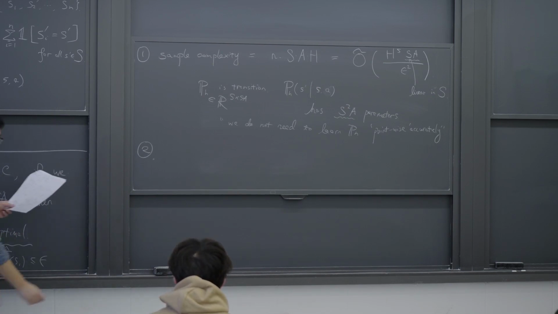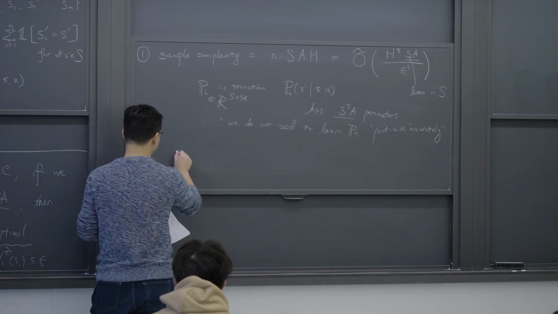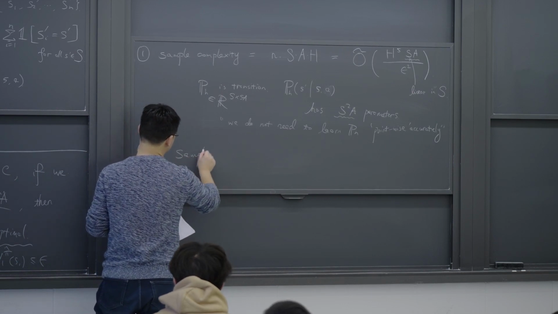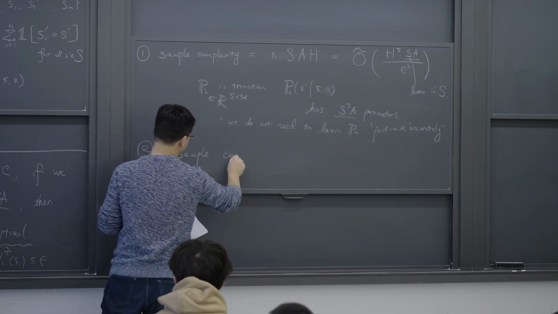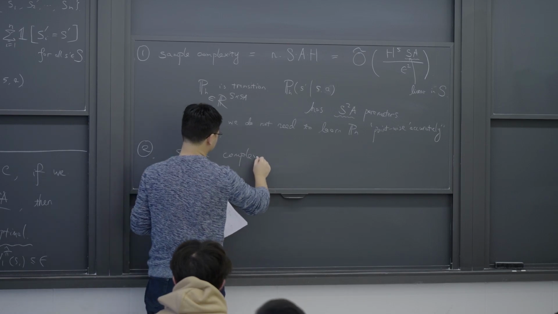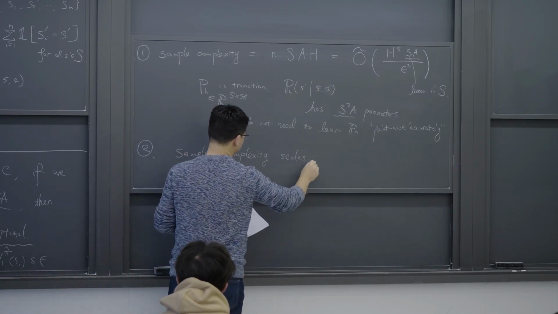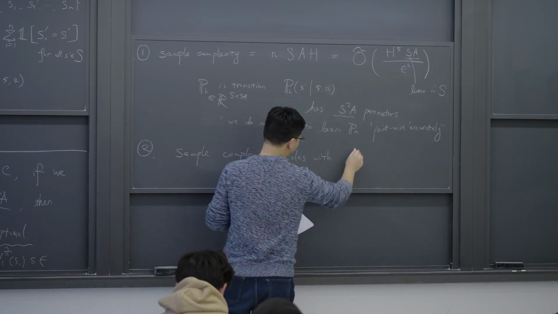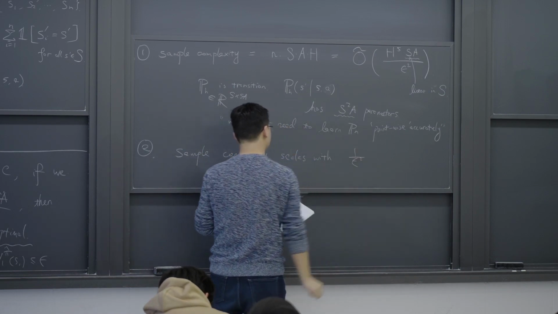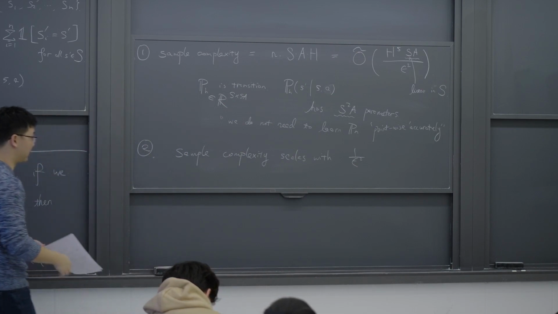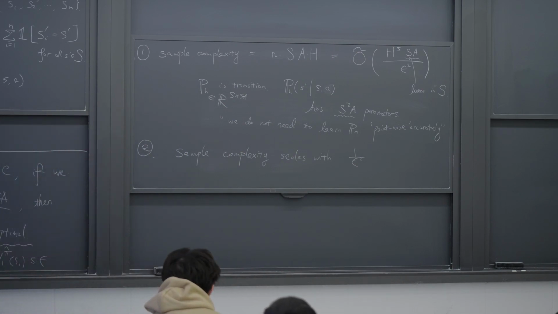The second comment is we actually see the sample complexity scales with 1 over epsilon squared. This is another important dependency we need to know, like how it depends on epsilon.